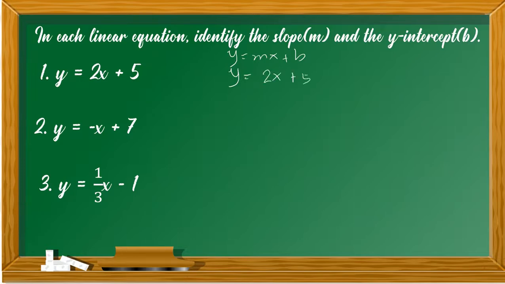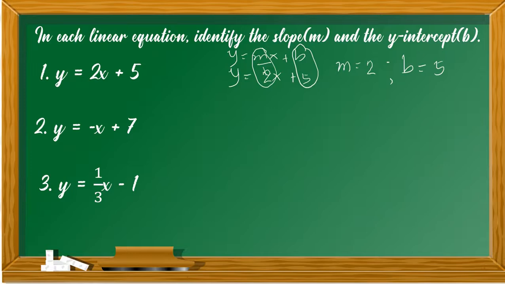The value of m is the coefficient of x and b is the constant term, so we write the slope is 2. It's positive, therefore the line leans to the right, and our y-intercept, or b, is 5. The y-intercept is the point on the graph that crosses the y-axis.